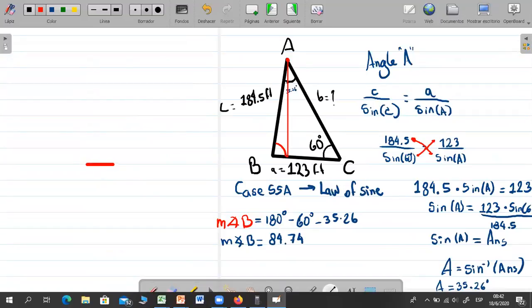I'm going to show you how this triangle is. Practically, the perpendicular segment that you have is that one, and the other line that the problem gives you is this one. What do we know about this triangle? We know the measurement of that angle. We concluded right now it is 84.74. What else do we know?